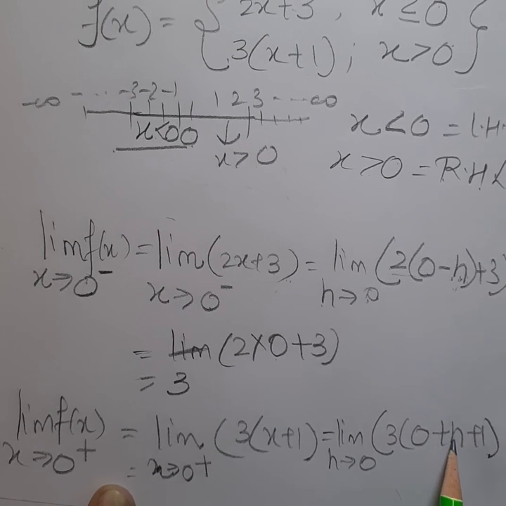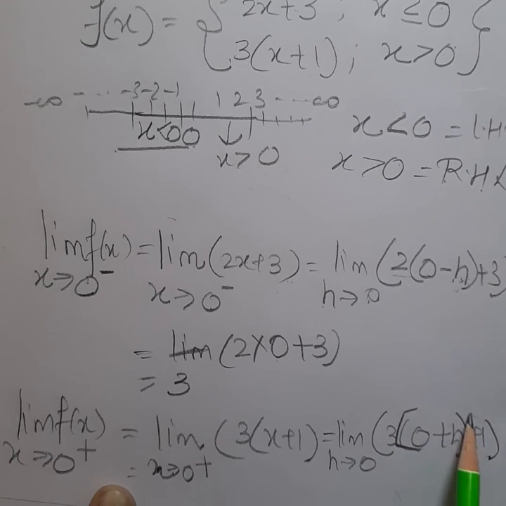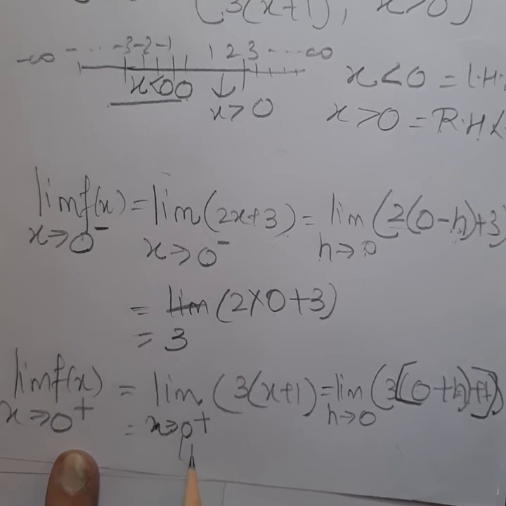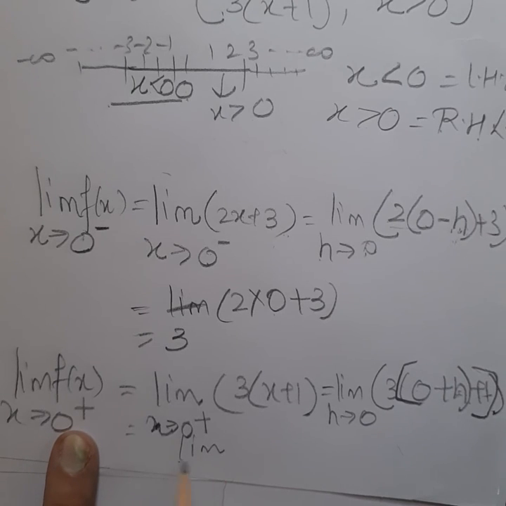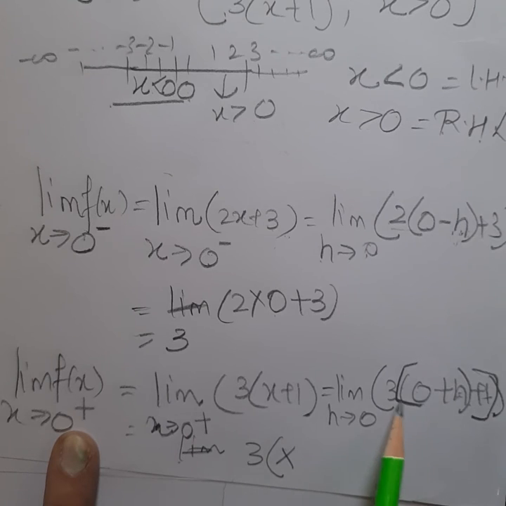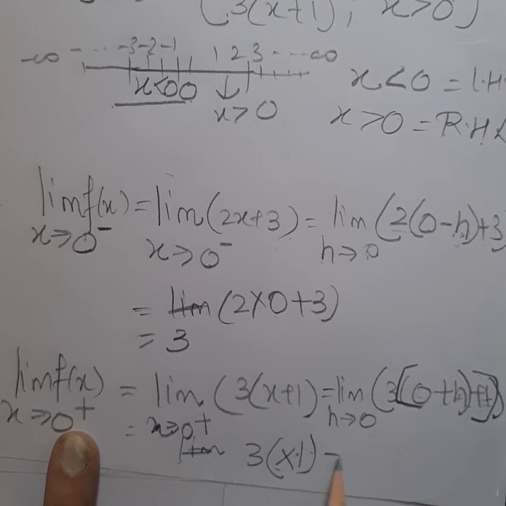What is the value of h? The value of h is 0. If we solve it, 0 plus 0 plus 1 is obviously 1, then 3 multiplied by 1 gives 3. You get 3 directly.